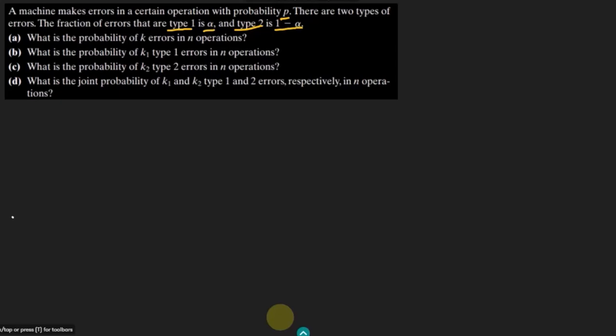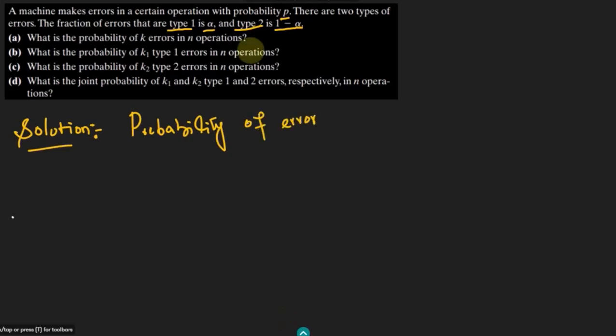Before proceeding to the other parts of this question, let me first write the given data to formulate the strategy for solving this question. Here we have the probability of error, which would be p. From this statement we can very clearly infer that the probability of no error would be 1 minus p.